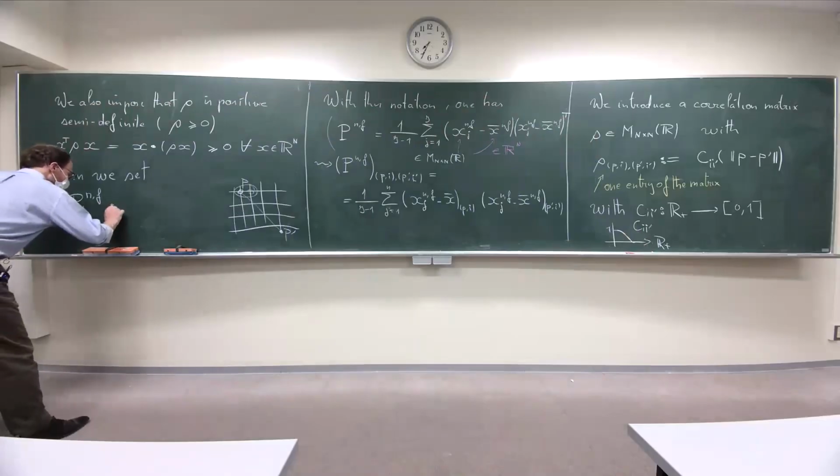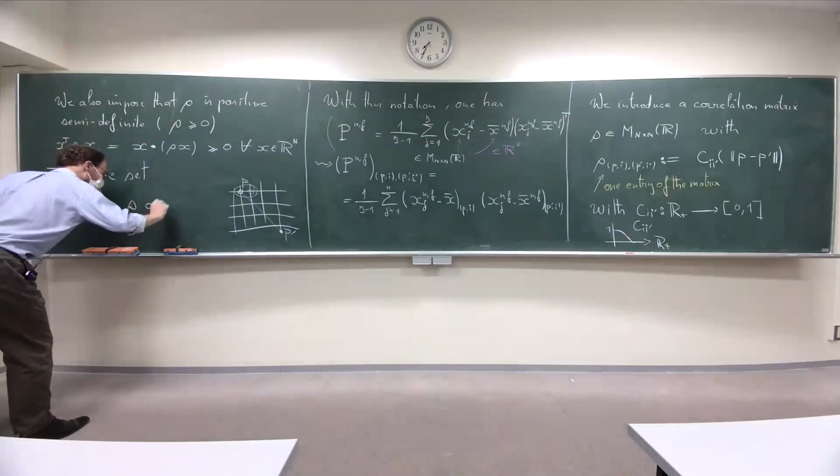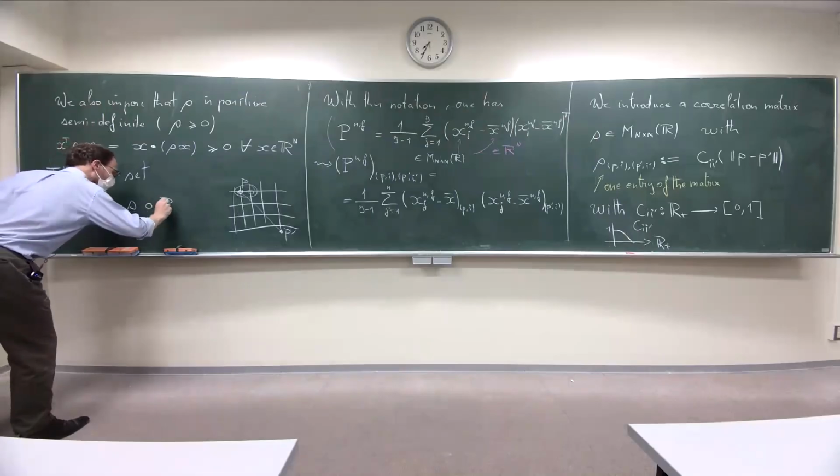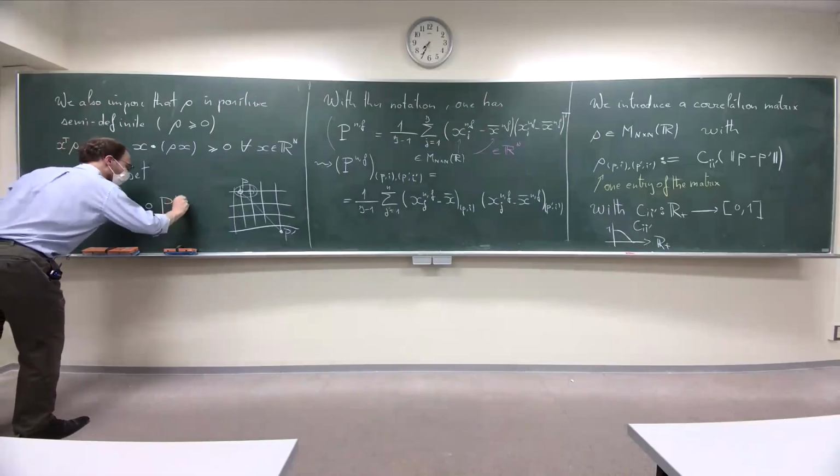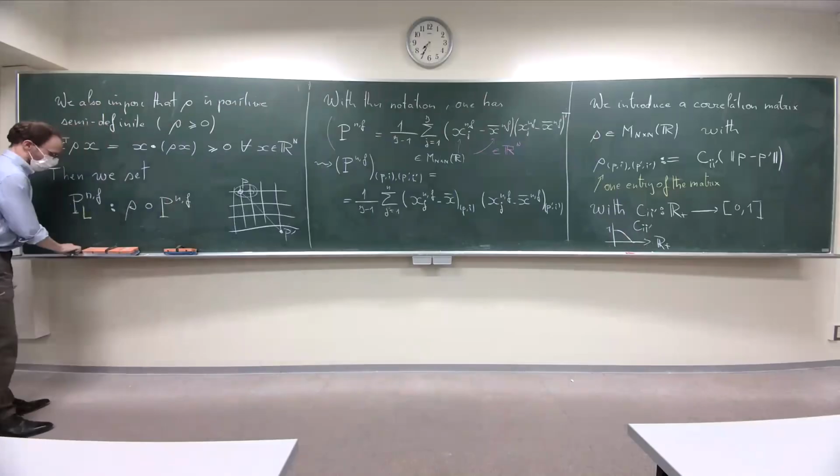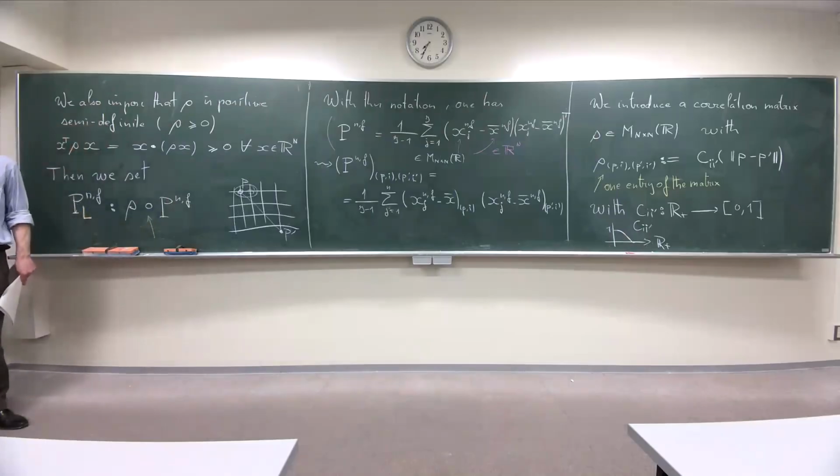I define it as this rho times P. Do you know what this is? It's not a product of two matrices. This is called the Hadamard product. Who knows what a Hadamard product is? It's called a pointwise product.